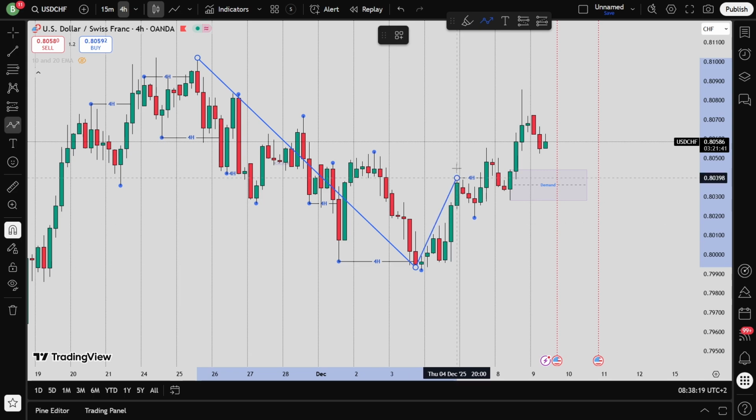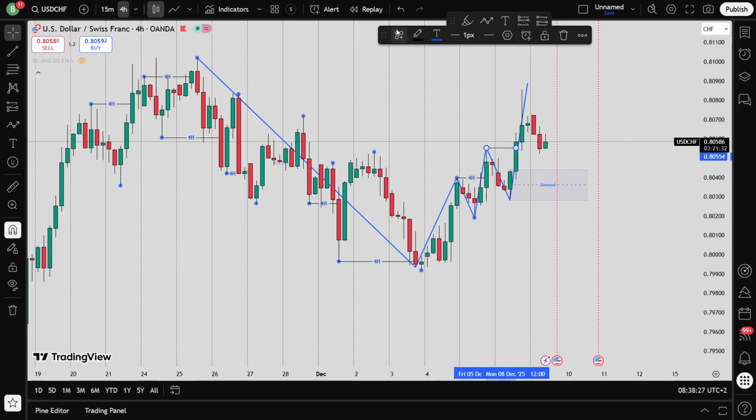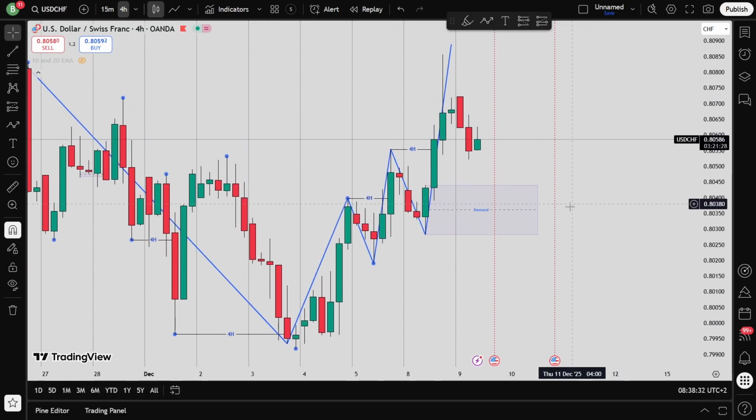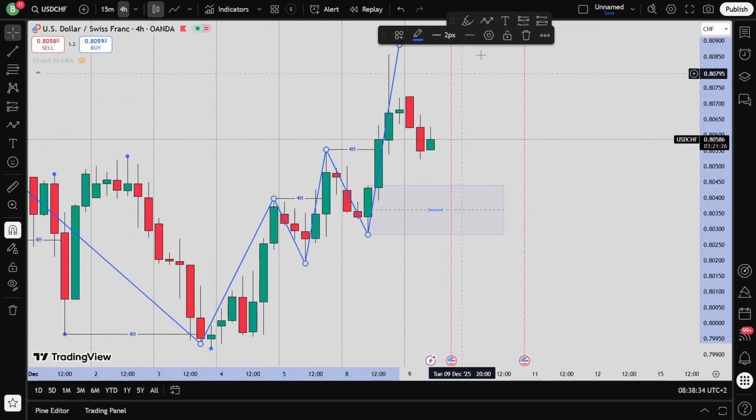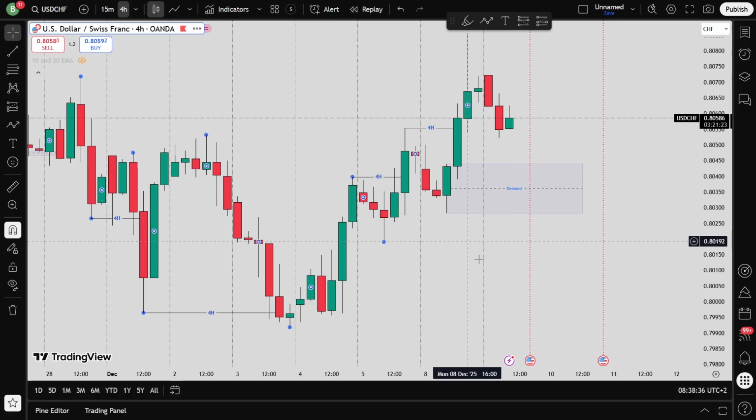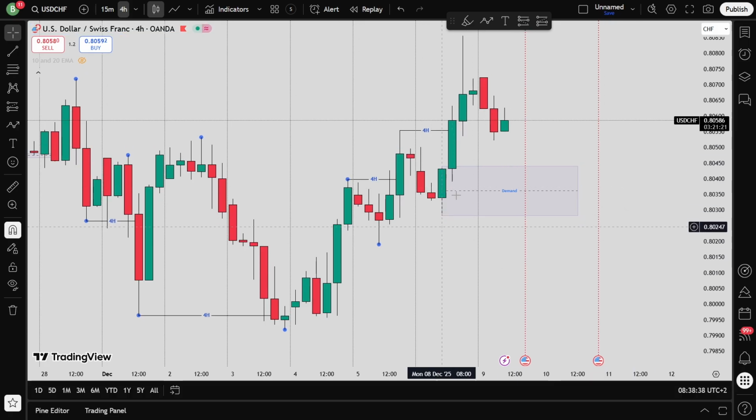Now the market has formed this reversal pattern, or an M pattern, followed by a continuation pattern, causing this break of structure. After this break of structure, you can see that the market has created this nice demand zone. This demand zone has the 3 candle rule, with an imbalance over here.